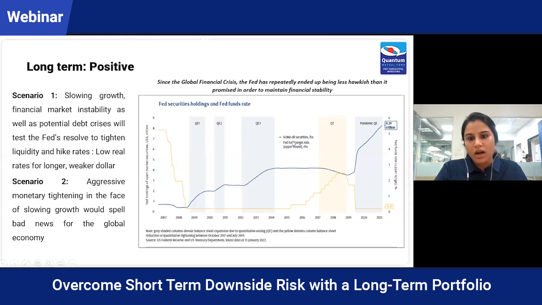For instance, the quantitative tightening that the Fed embarked on in late 2017 was abandoned by mid-2019 because global growth was slowing on account of the US-China trade wars, and the Fed resorted to rate cuts to support the economy at that time. And today we are barely 3 months into the tightening cycle, and we are already seeing signs that the US economy is slowing down, it's weakening.